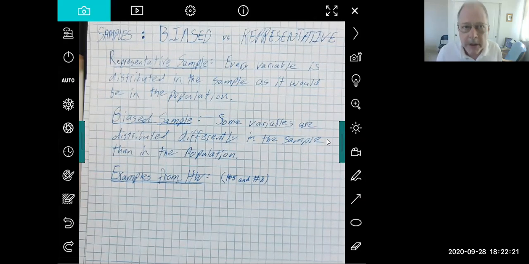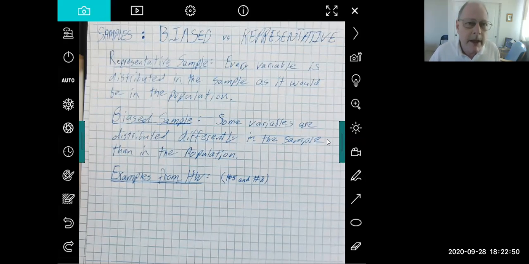If 12% of the population is left-handed, then 12% of your sample should be left-handed. And if a certain percentage of your population is between 5 and 6 feet tall, you've got to have the right proportion of that in your sample. I mean, if it's going to be perfectly representative.